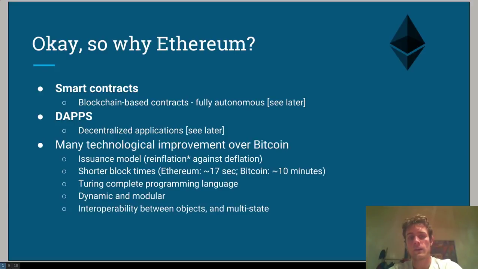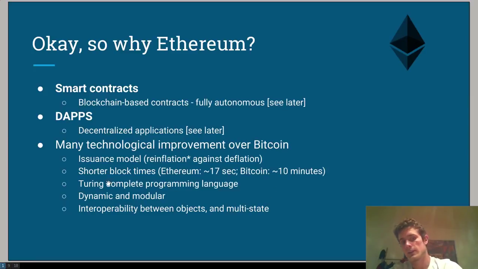Objects can interact. That is quite profound. What it means, basically, is that contracts can call other contracts and interact. Don't worry if you don't understand what it means. And also, that's actually one of the real important differences with Bitcoin, that it's multi-state. It's not something you can do in a decentralized way using Bitcoin.